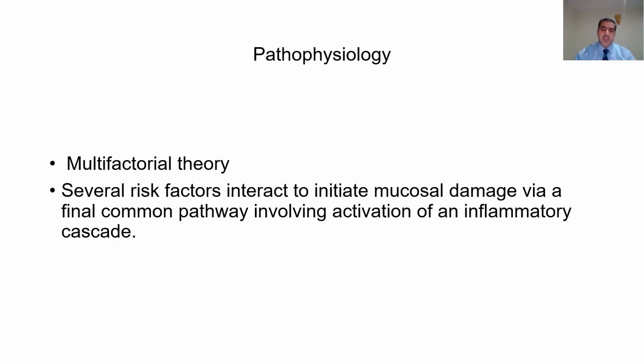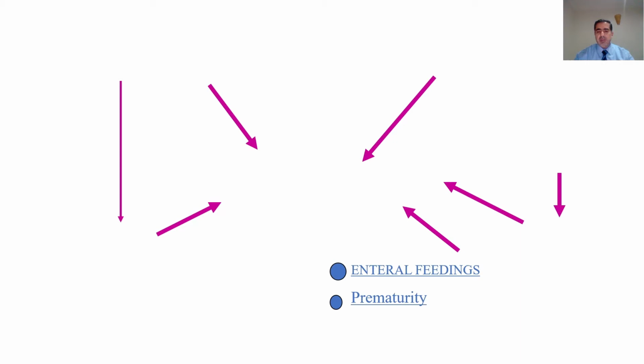So what happens in NEC? Actually, the theory behind the pathophysiology of necrotizing enterocolitis is that it's a multifactorial disease. We have several risk factors that interact to initiate a mucosal damage. So the common pathway starts from a mucosal damage via a final common pathway involving activation of an inflammatory cascade. In this slide, you will see that enteral feeding and prematurity are very important prerequisites for the occurrence of NEC.